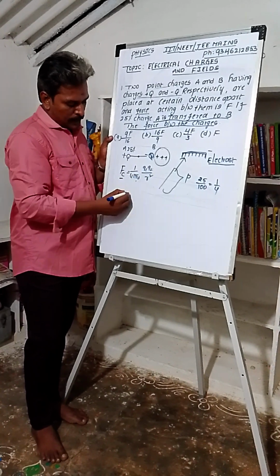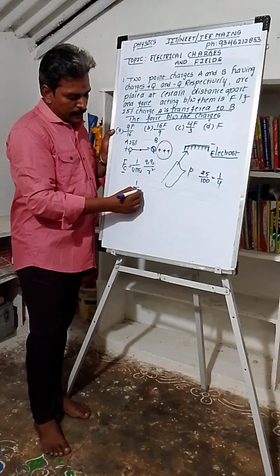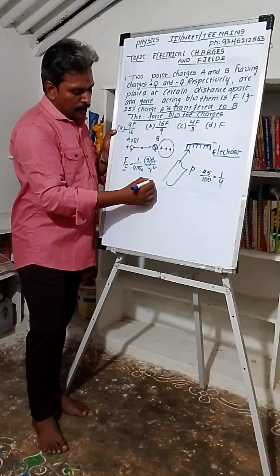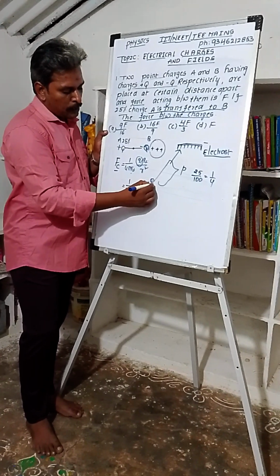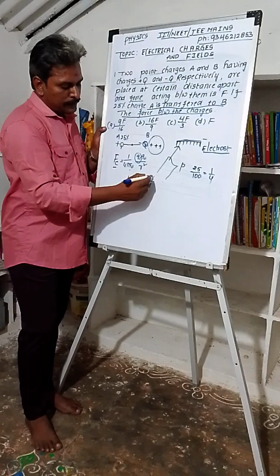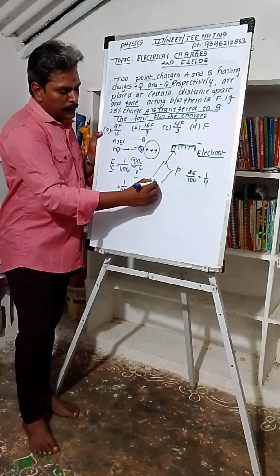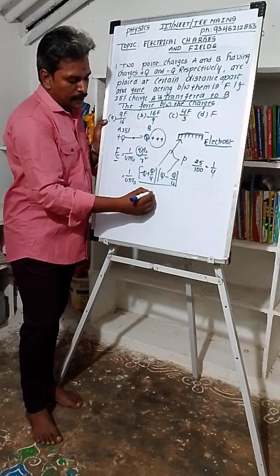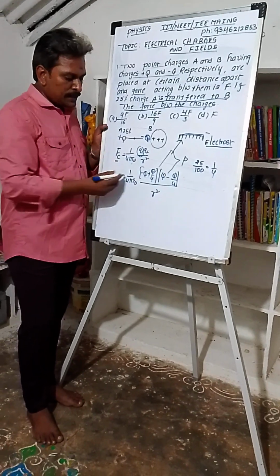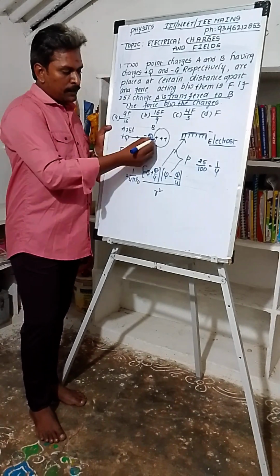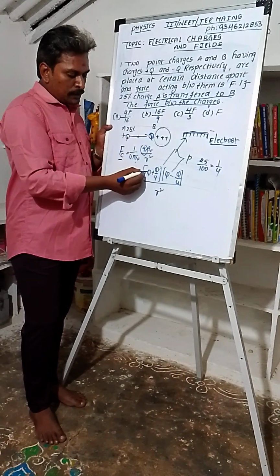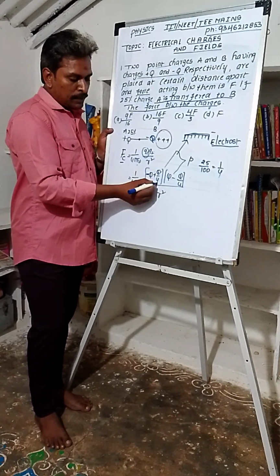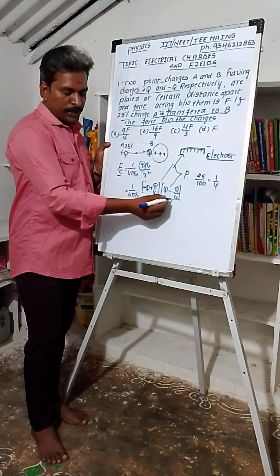That means here 1 by 4 pi epsilon naught, the charge q1, I am writing minus q plus q by 4, and q minus q by 4, and whole divided by r square. That means moving from A to B, minus q plus q by 4 is nothing but the positive charge, and the other is the negative charge.